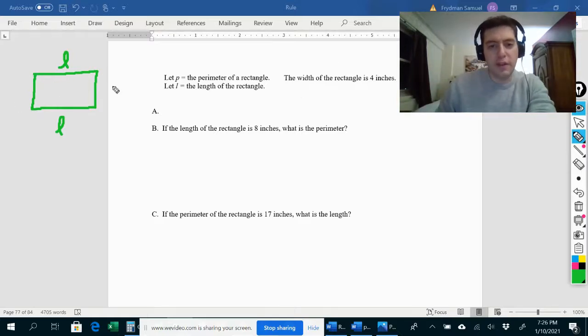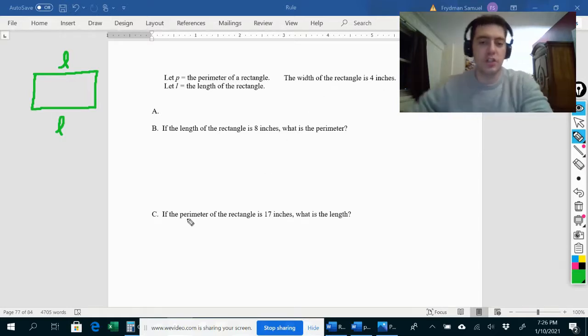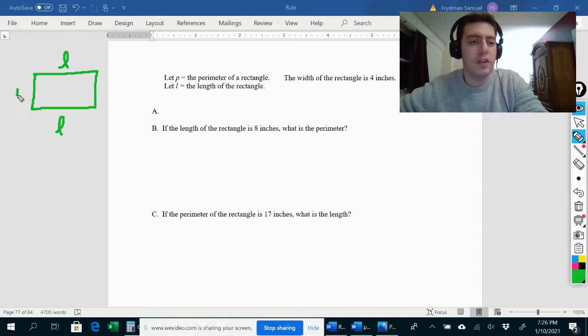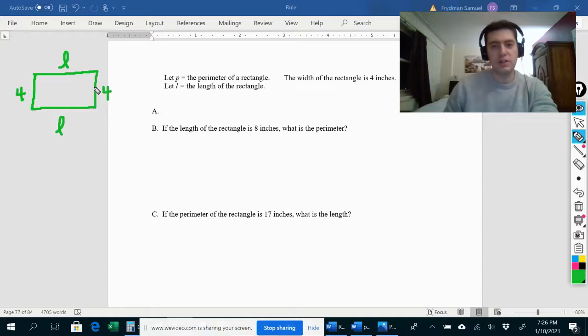And the width, we could write W for the width, but we're actually told in the problem, the width of the rectangle is 4 inches. So we can put a 4 over here for the width, okay, which means that this side is also 4 inches, okay?